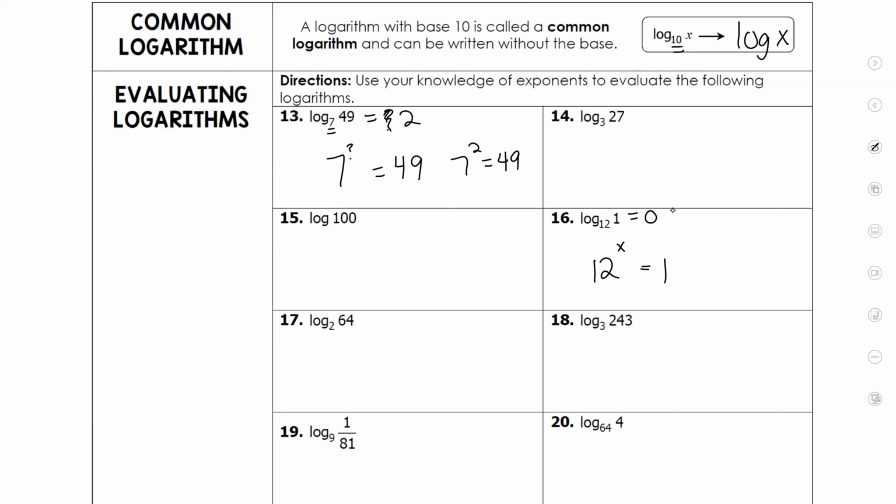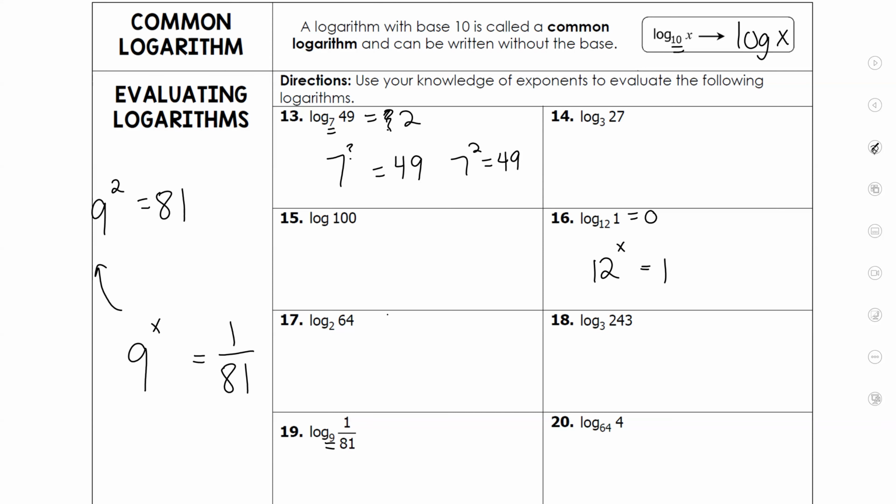Okay, let's do a more complicated one. I'm going to go down to number 19. My base is 9. What power do I need up here so that my answer is 1/81? Let's just think over here for a moment. I know that 9 squared is 81.